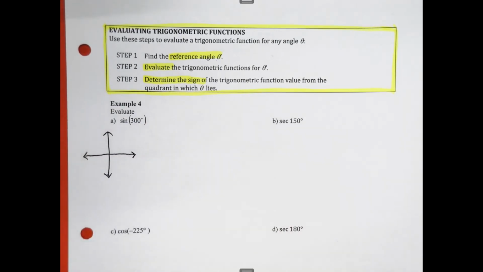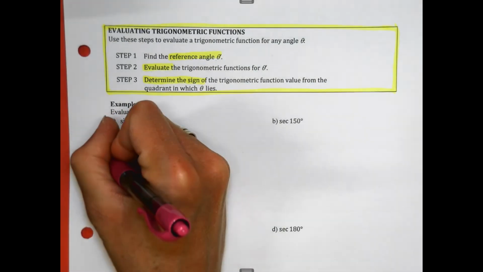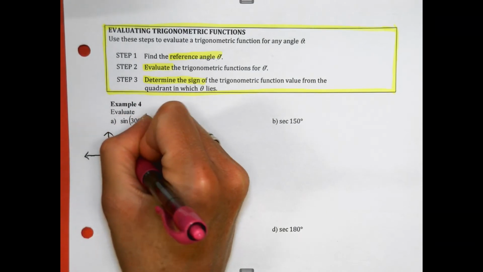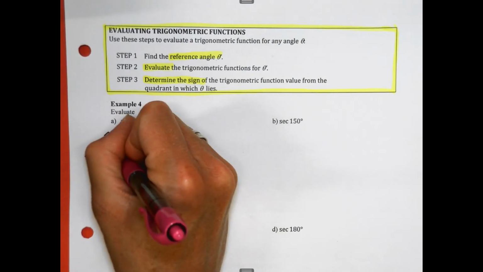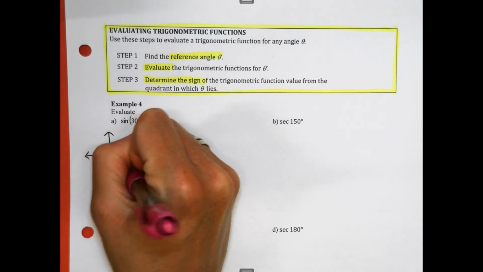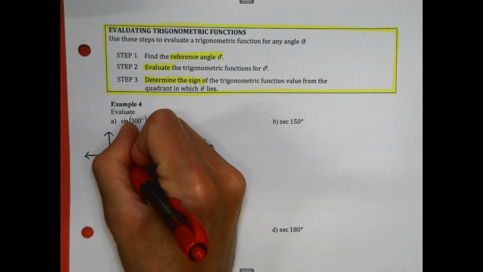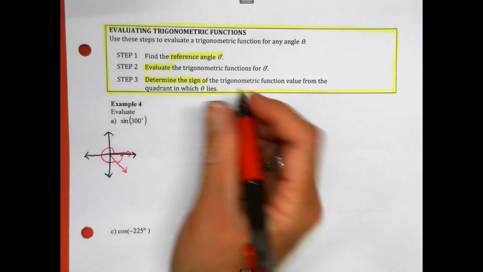So here we're talking about the sine of 300 degrees. That angle starts on the positive x-axis. It rotates around counterclockwise and ends in quadrant number 4. And it has a reference angle of 60 degrees.